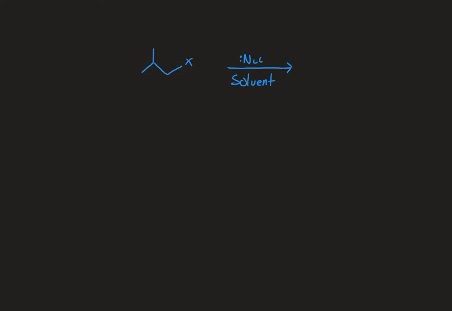For the electrophile, or the substrate is another word for this, it must be sterically available and have a reasonably good leaving group, or this X. And the solvent must be polar and aprotic. So let's break down what those things mean, starting with the nucleophile.